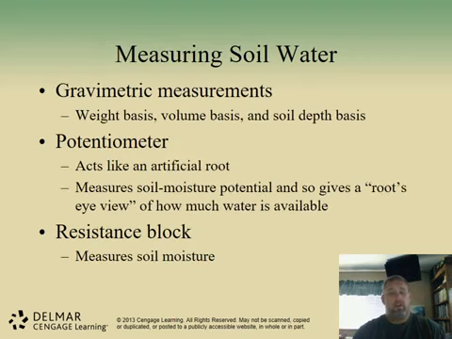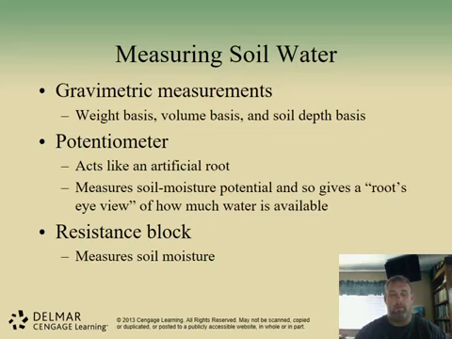So coming back to measuring of the soil water, we have gravimetric measurements, and these are based on weight and volume. This goes back into your particle densities and your bulk density, and we can start to understand how much water we are able to hold within a certain soil. We also have some materials that can be used.